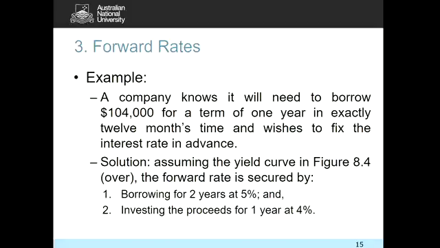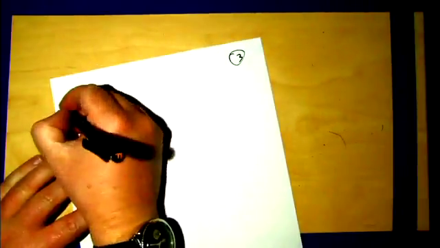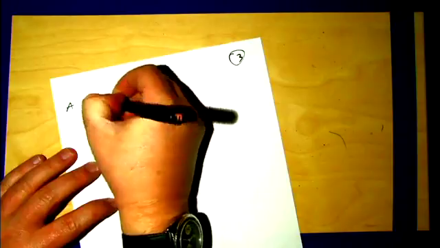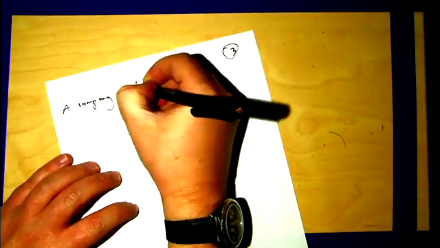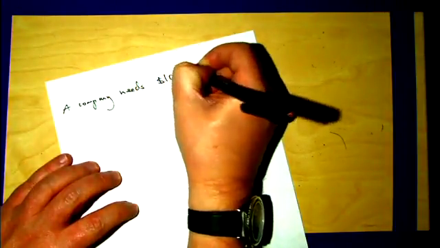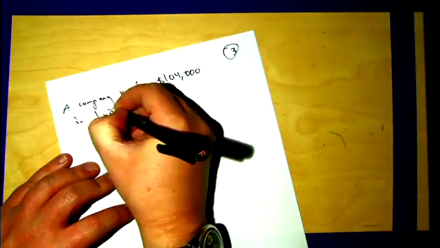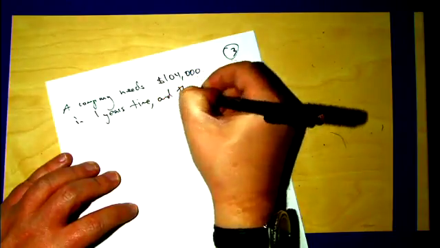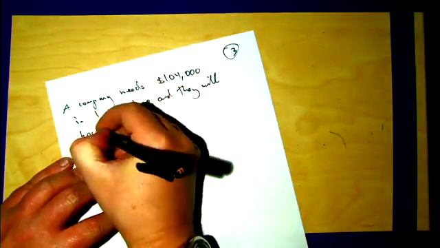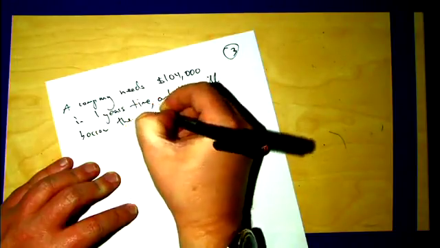So we'll do this on an overhead. So in this particular question, we're told that a company needs $104,000 in 1 year's time, and they will borrow that money for 1 year.